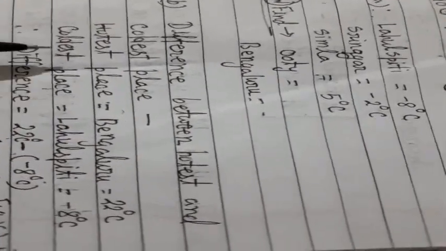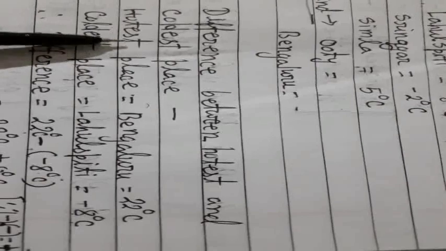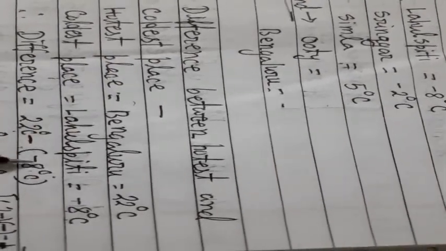Now, the difference. How can we find the difference? We subtract the temperature of the coldest place from the temperature of the hottest place. That means 22 degrees Celsius minus minus 8 degrees Celsius.